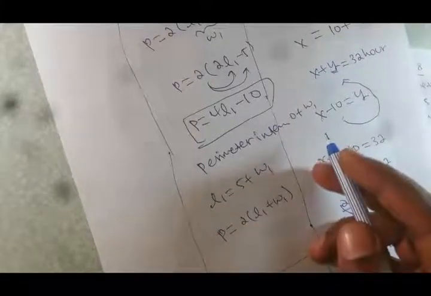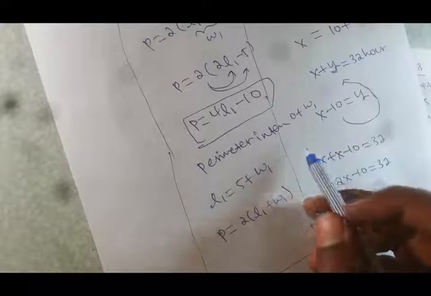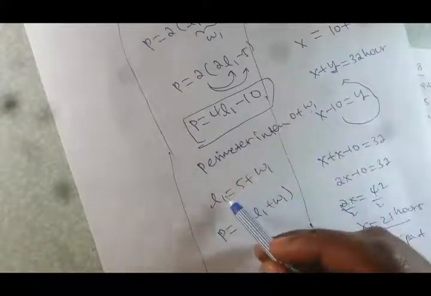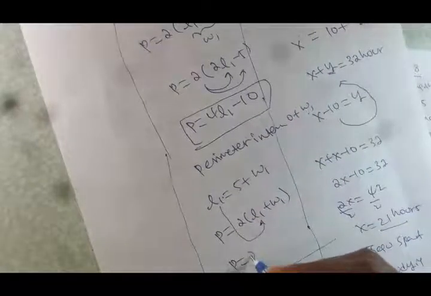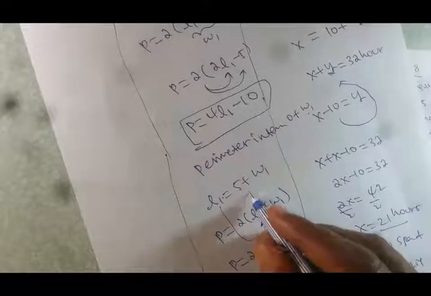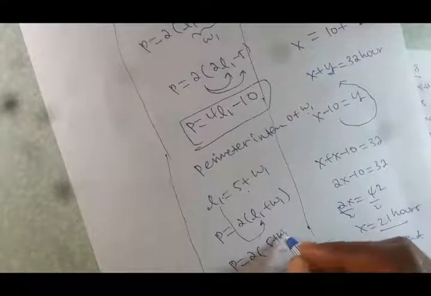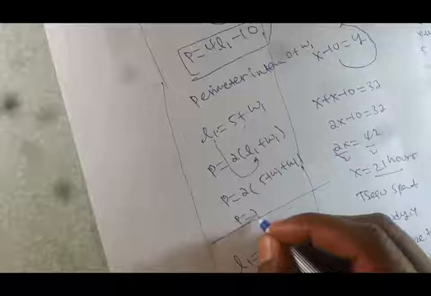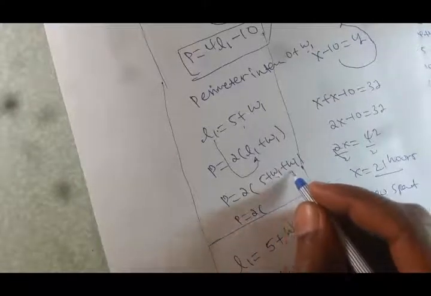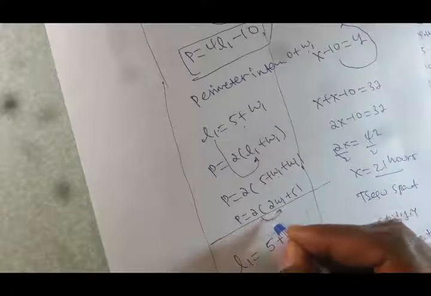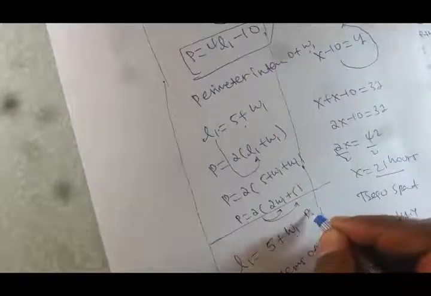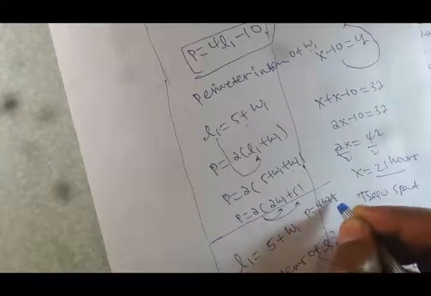So the perimeter is equal to 2 times (5 plus W1 plus W1), which is 2 times (2W1 plus 5). When we distribute, P is equal to 4W1 plus 10.